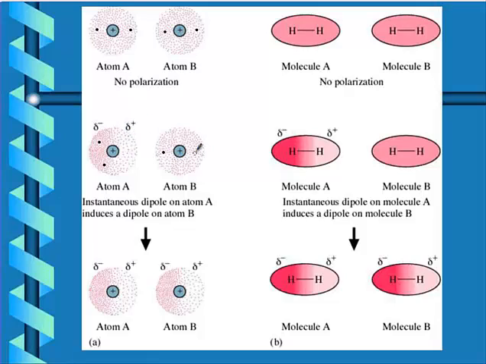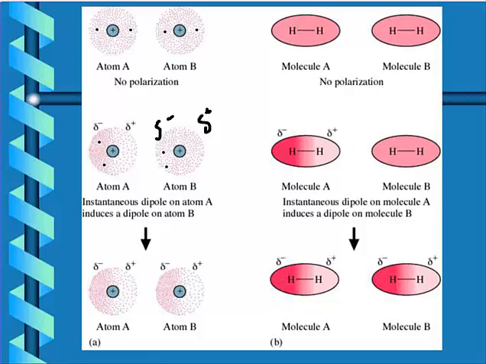Well, that's going to cause this electron to come over to the slightly positive side and make this side slightly negative and this one slightly positive. In which case it would then affect the one over here and so on.